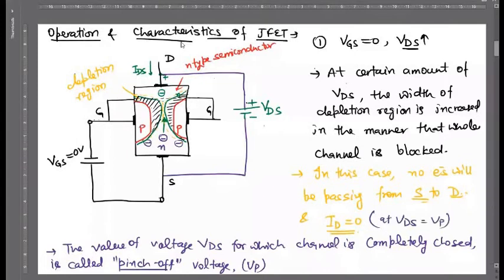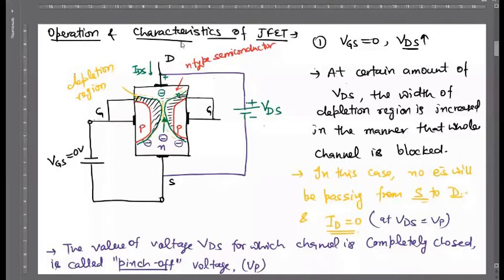I hope you understood. So at VDS equals VP, whenever VGS equals 0, the channel is completely closed because the whole channel is fully covered by this depletion region and no charge carrier moves from source to drain, and there will be no flow of current because movement of charge carriers is not possible.